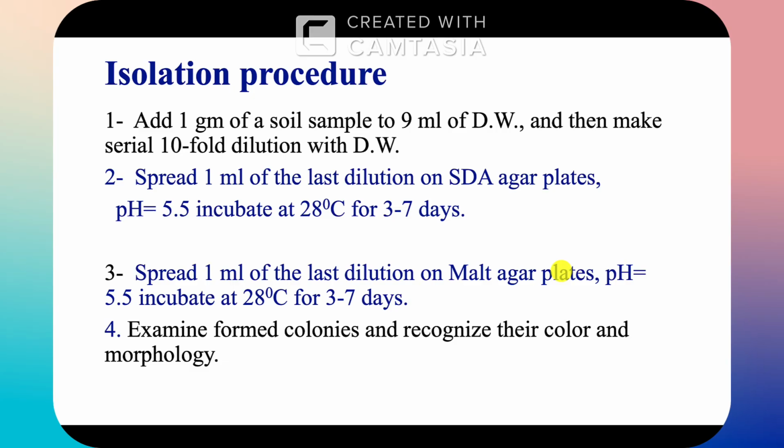You can observe daily and see if it grows, and then we will do the staining under the microscope with lactophenol, and examine the formed colonies and recognize the color and morphology.